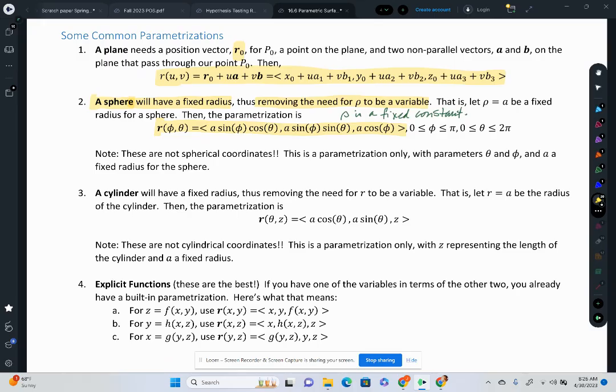sphere. These are not spherical coordinates, okay? This is a parametrization, and that's it. We happen to use what we know about spherical coordinates, it's like we're borrowing spherical coordinates, in order to come up with a parametrization. But when we get to calculating surface area, and we have parametrized a sphere, and we're trying to find the surface area of a sphere, don't let these fool you.